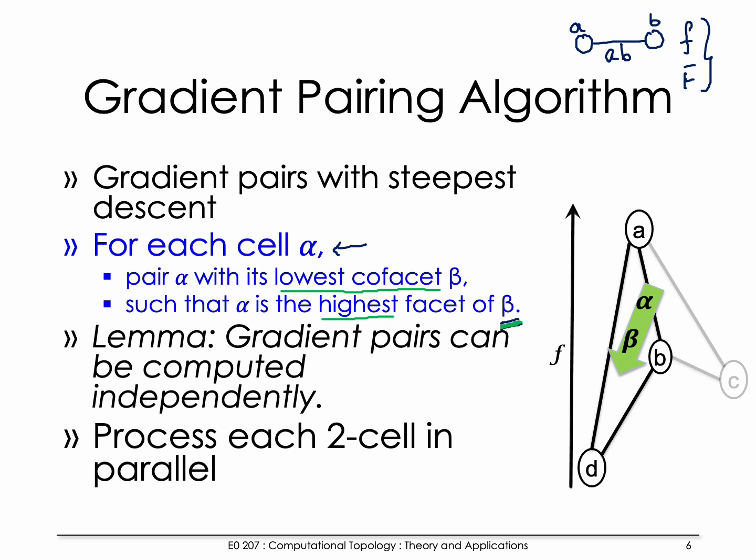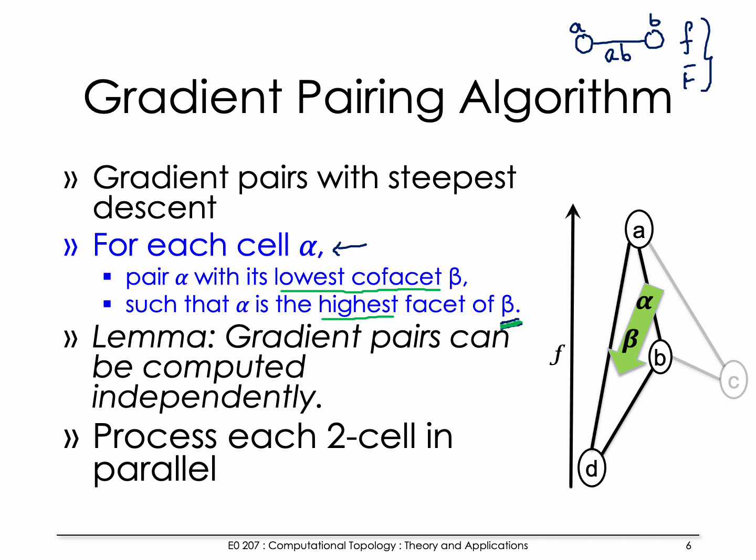This choice of alpha beta, the pair alpha beta, does not depend on which triangle you process first, because it considers the entire neighborhood. So hence the gradient pairs can actually be done independently within each triangle. So this is a lemma that is central to the speed of this algorithm. The lemma states that all gradient pairs can be computed independent of each other.